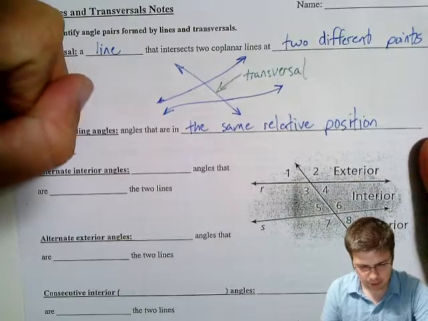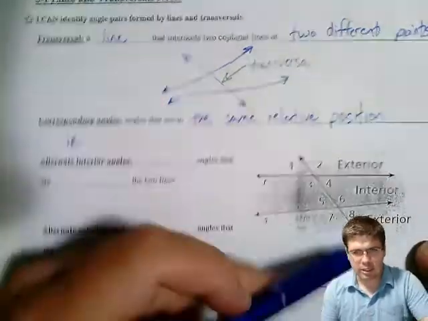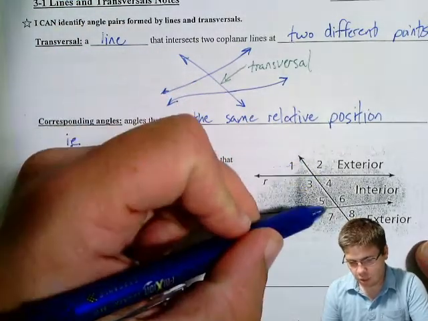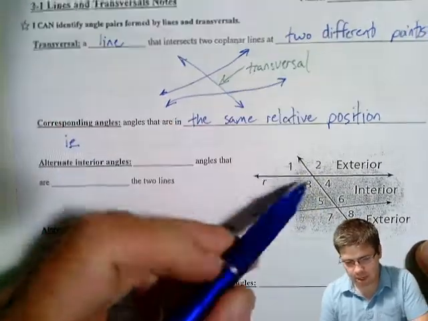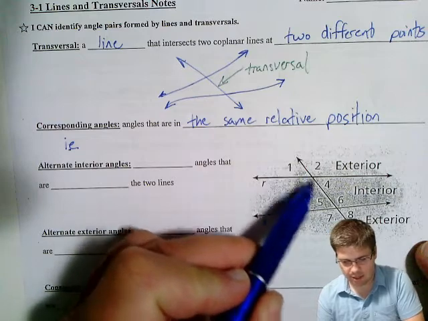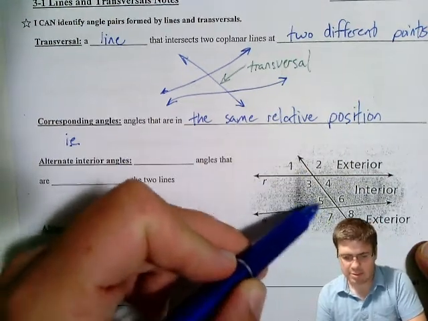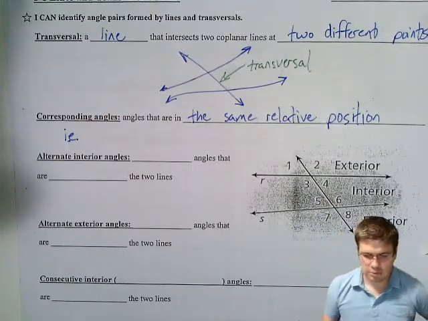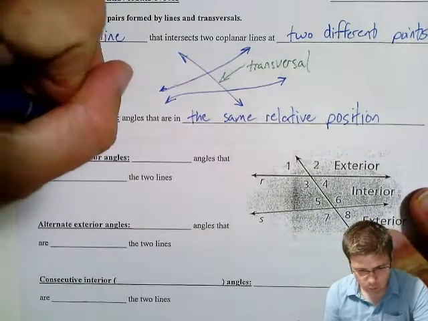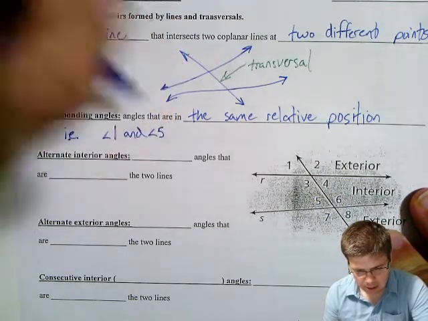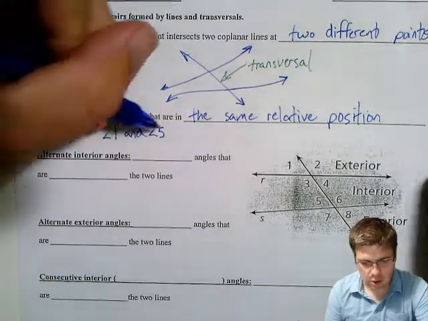If we look down here at this picture, if we look at angles 1 and 5, those are corresponding because they're both kind of to the top left here. They're on the left side of this transversal, and they're on the same side of each of these lines that it's traversing. So angle 1 and angle 5 would be corresponding angles.